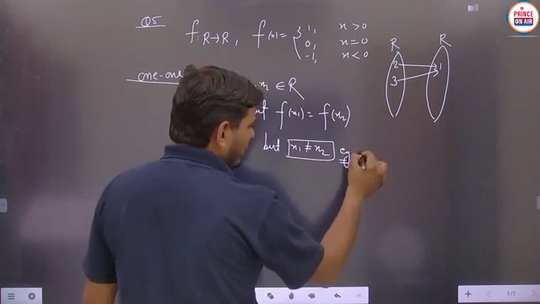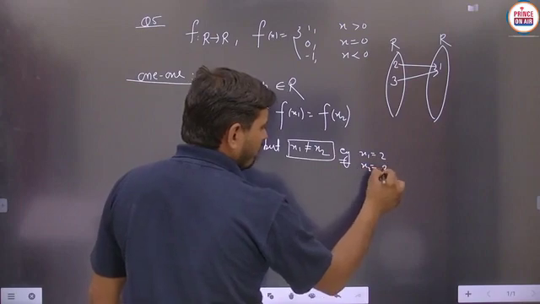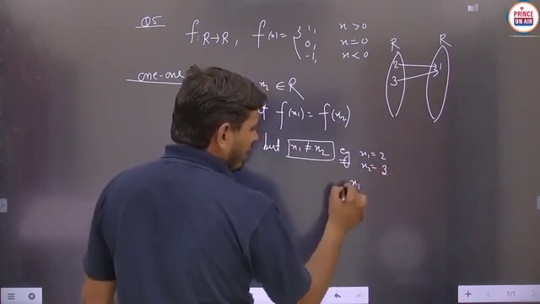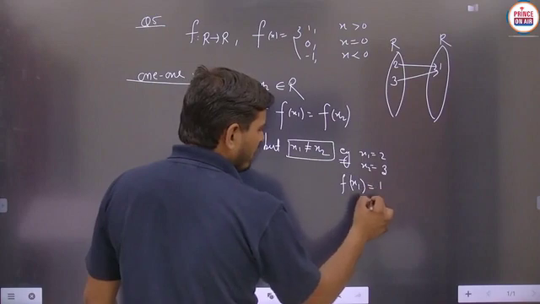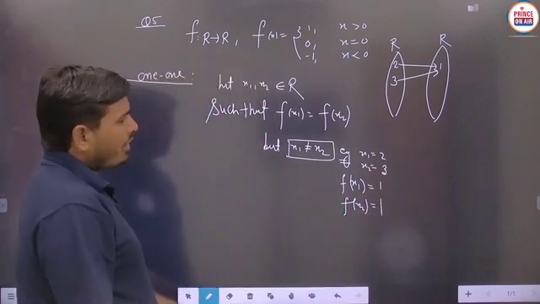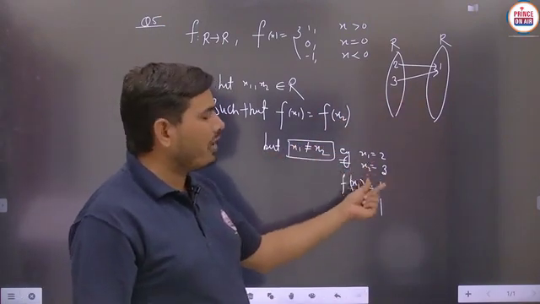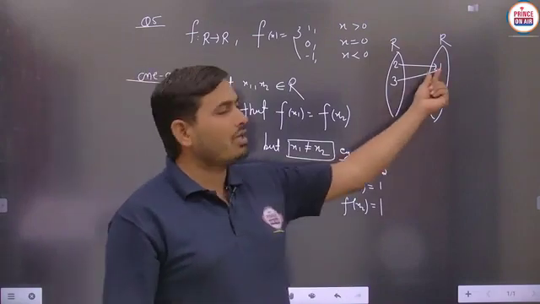Suppose x1 equals 2 and x2 equals 3, but here we are saying that f of x1 equals 1 as well as f of x2 equals 1. You can just see this diagram here to understand this. We are taking two different x1 and x2, but student, we are obtaining the same image here.